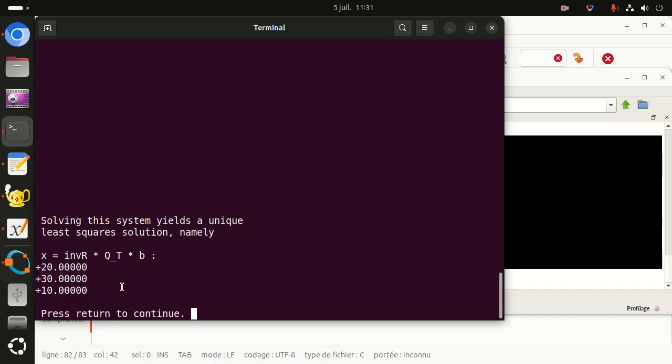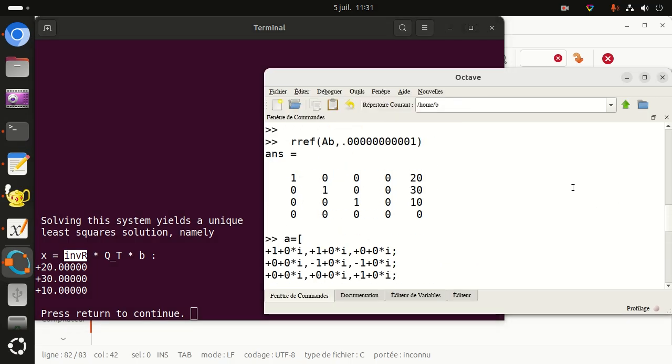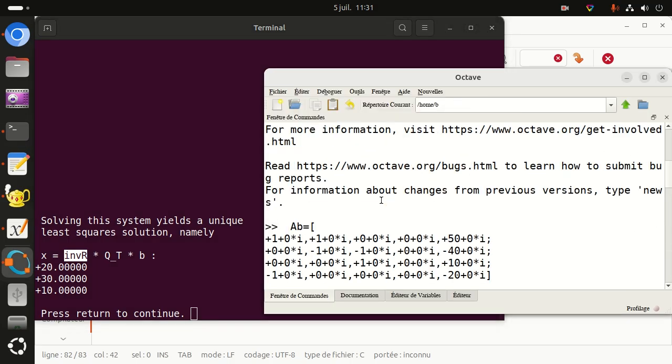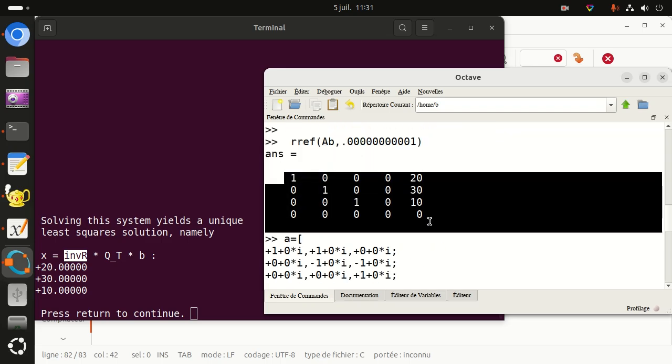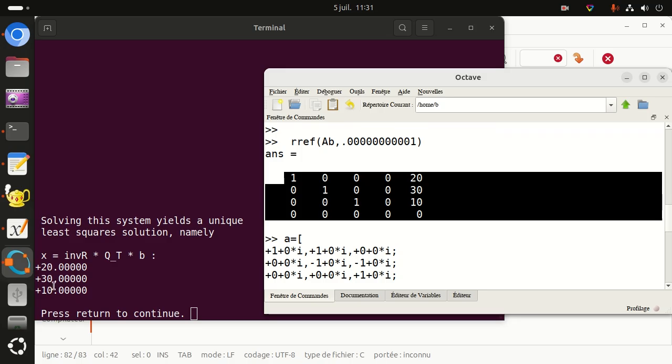To obtain the result, you must multiply B by the conjugate transpose of Q and the inverse of R. It is the same result as the first example. You have here the result in Octave: 20, 30 and 10.